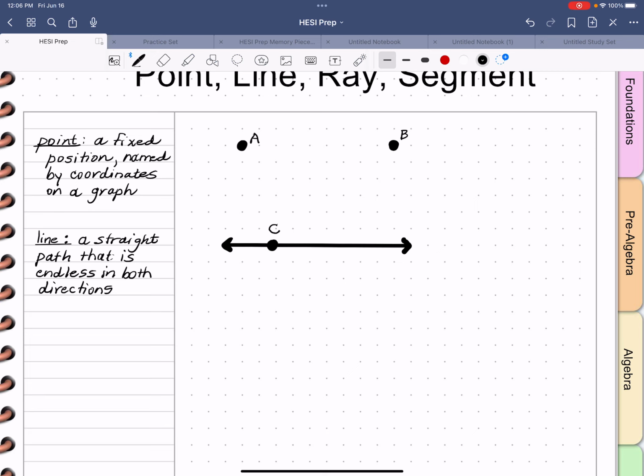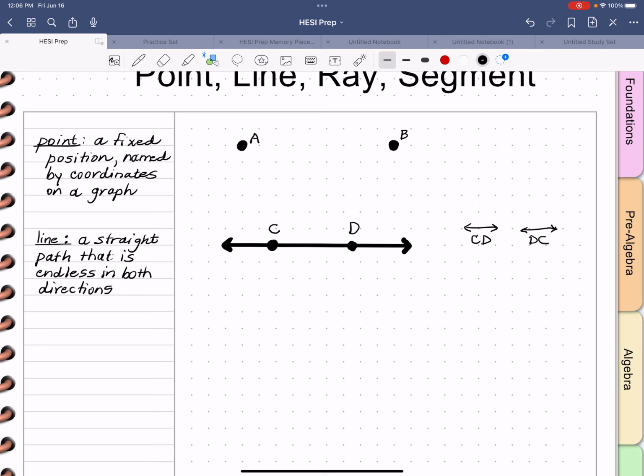Lines can be named by their points. So we could call this line CD, and the symbol for that is line CD. We could also have line DC because the line is endless in both directions.